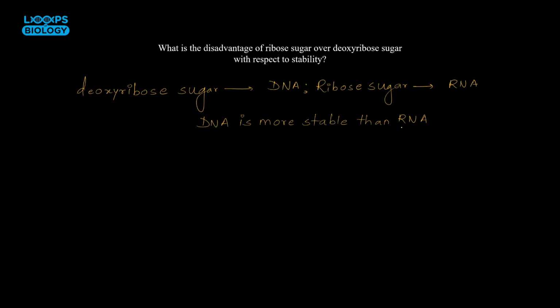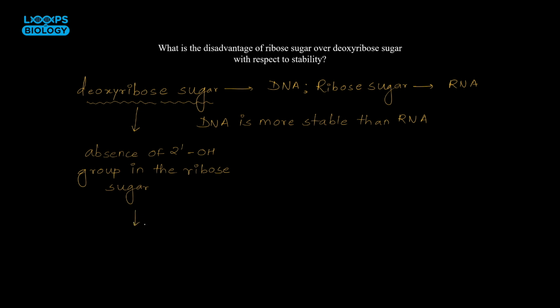Why is that? That is completely because of your deoxyribose sugar and the structure of DNA, of course. Whenever I am talking about deoxyribose sugar, the structure shows the absence of the 2' hydroxyl group that is present in ribose sugar. Whenever the 2' hydroxyl group is absent, it is impossible to form intramolecular interactions.